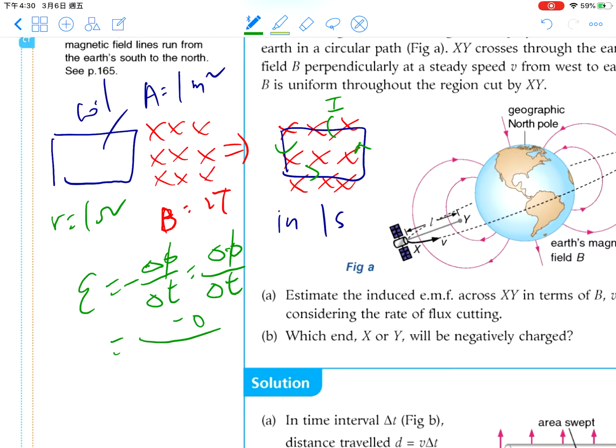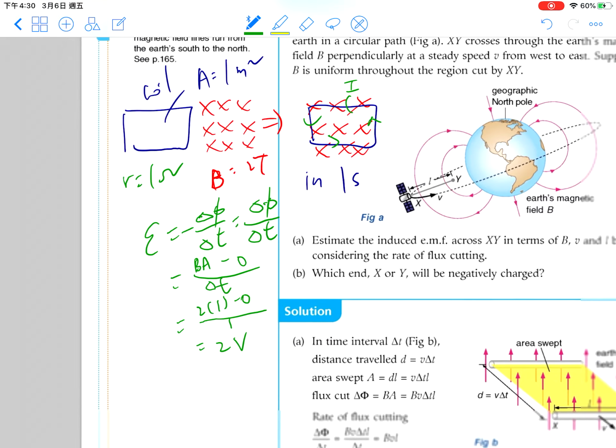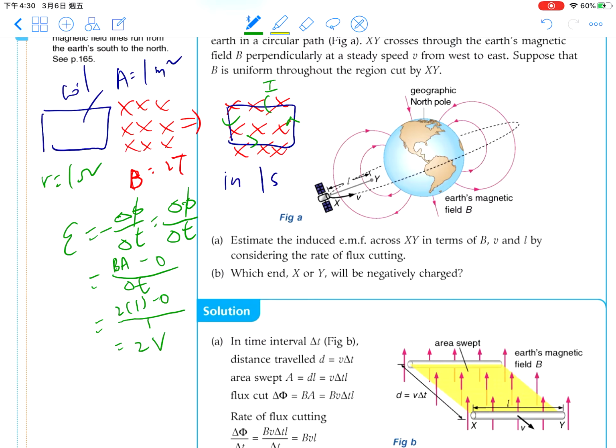But finally, all the area is inside the magnetic field, so it will be B times A. The time is delta t. So substitution: B field 2, area 1, time is 1 second. So the induced EMF is 2 volts.